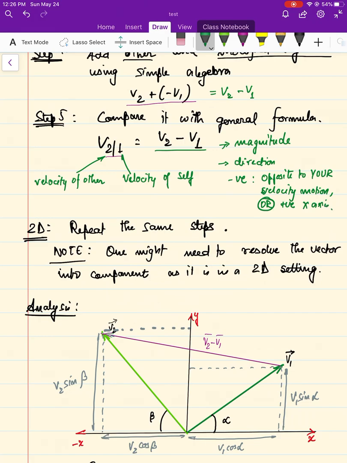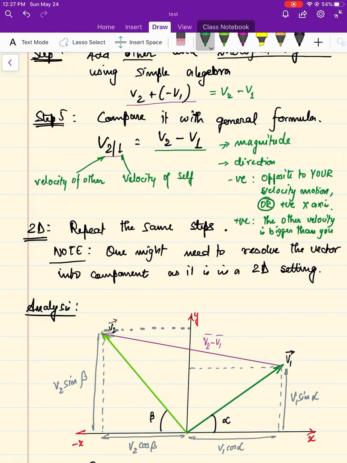In that way, you will either have a negative sense, which means that your velocity is bigger than the base velocity, and if it is positive, in that case, the other velocity is bigger than you. The other velocity is bigger than you, right?